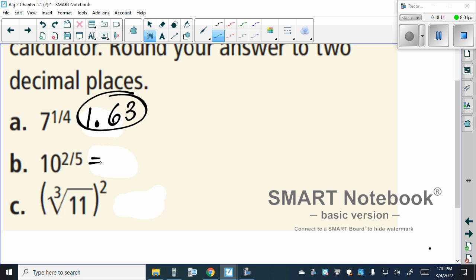Now we can look at 10 to the 2/5. 2.51. And the last one.